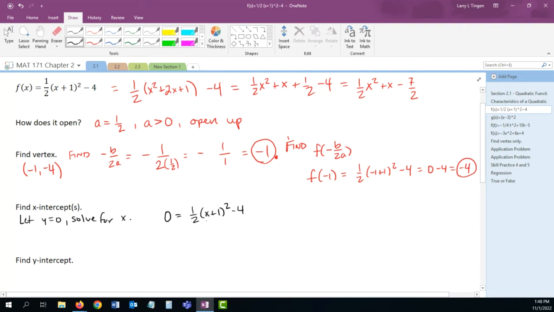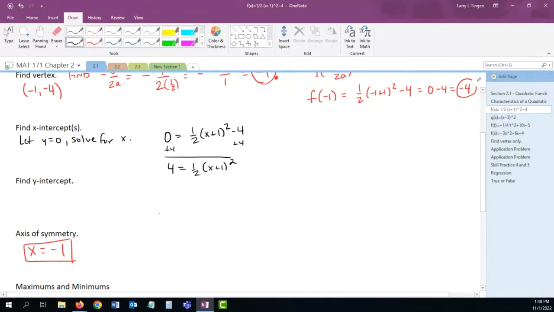And then on the right-hand side, I've got the whole function, and then I just need to solve this for x. This is 1/2 times x plus 1 squared. I really need to isolate the x. So I'm going to put everything that has an x on the right, everything without on the left. So that means add 4. And now I'm looking at 4 is equal to 1/2 times x plus 1 squared.